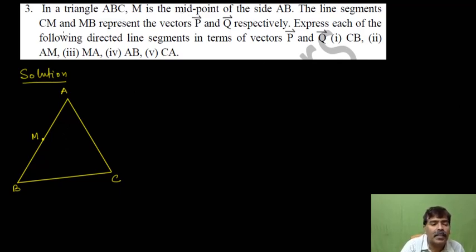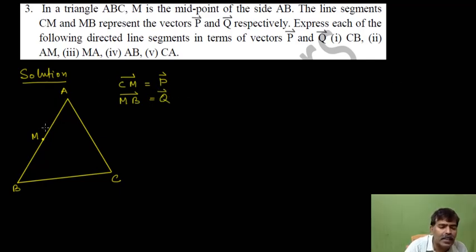Now vector, given it's the line segment CM. Okay, take yellow. CM is vector P and MB is vector Q. So let me draw.